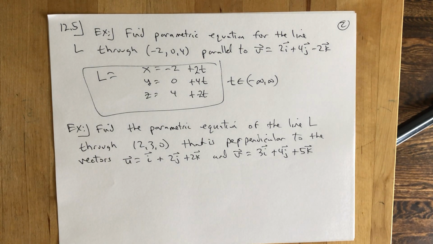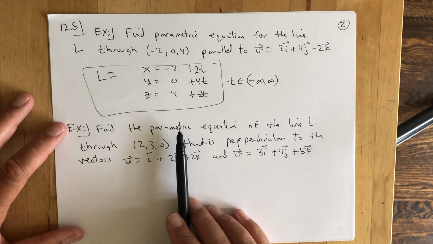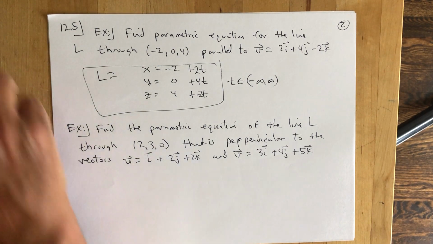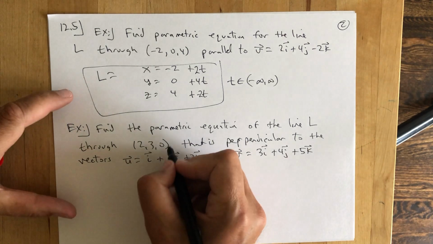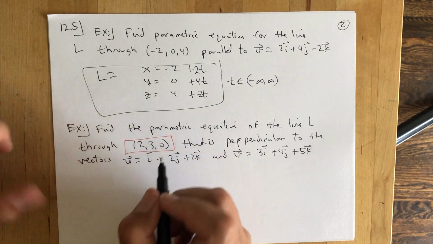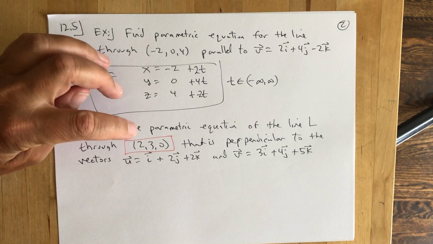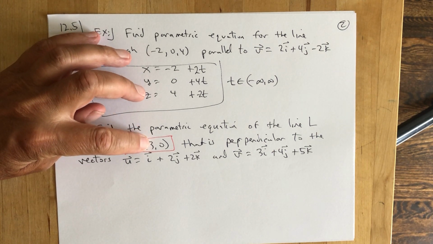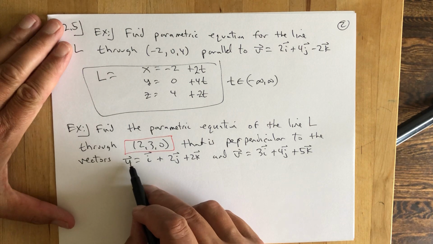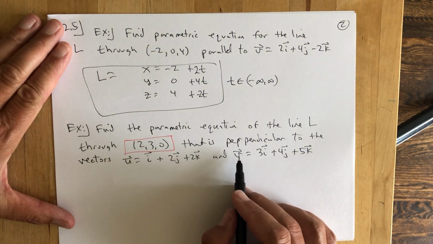Right, so now we have to do some thinking here, okay? For the parametric equation of a line, we need a point, which we have. So we have half our battle, and we need a vector that's parallel to the line we're looking for. We don't have that, but what we do have are two vectors that are perpendicular to this line.